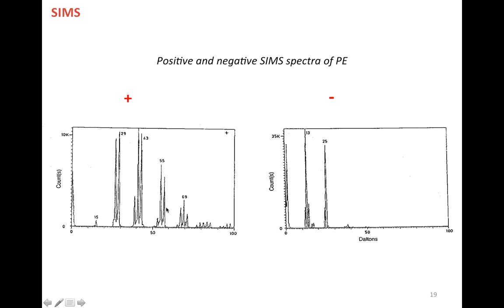Remember, we are extracting different ions, atoms, and clusters, and so on. So this is in line with the composition of the polymer. For the negative spectrum, you see less accuracy, or smaller fragments.